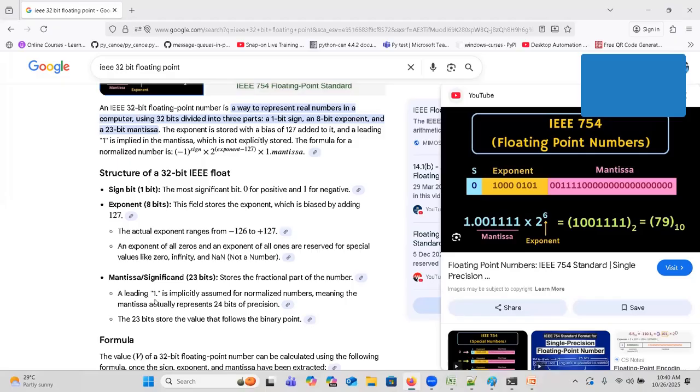That is more time consuming, because to do that there have to be a lot of libraries. For addition, they have a library. How to add two IEEE 32-bit floating point numbers, how to subtract, divide, square root.